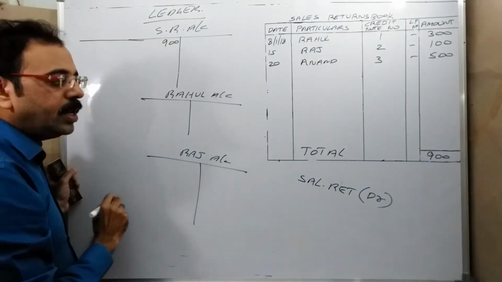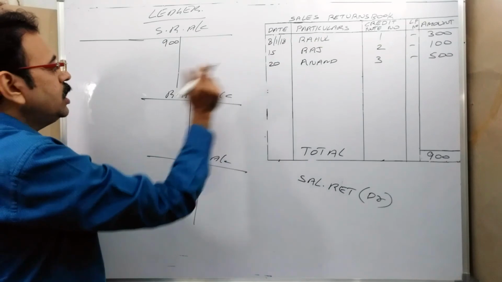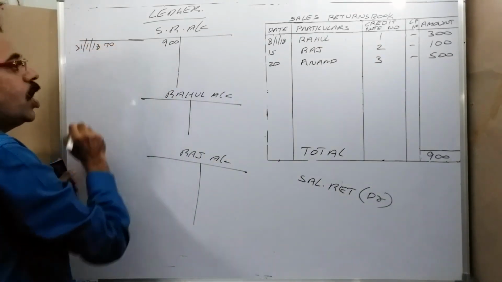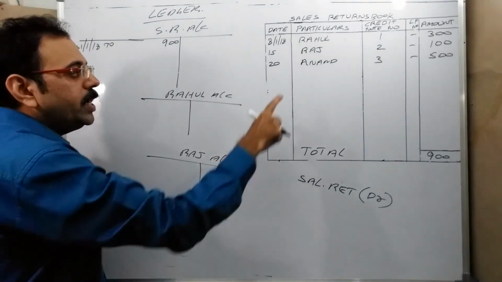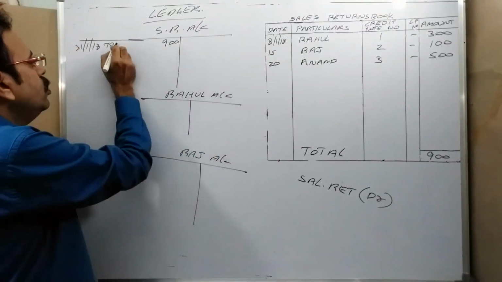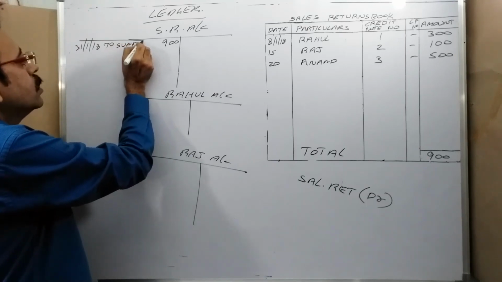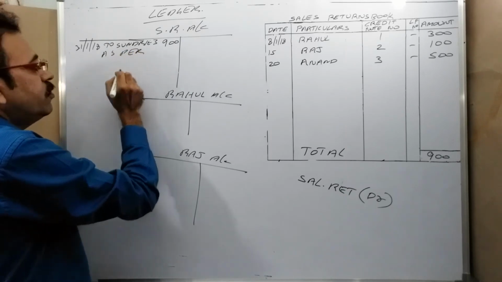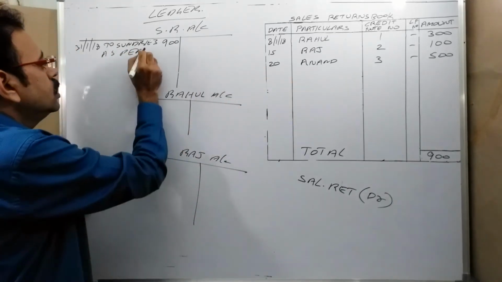What should be the date? Last date of the month, 31st January 18. What to write? You need not write individual customer names here. Simply write down 'to sundries as per sales returns book', the book from which you are taking that amount.